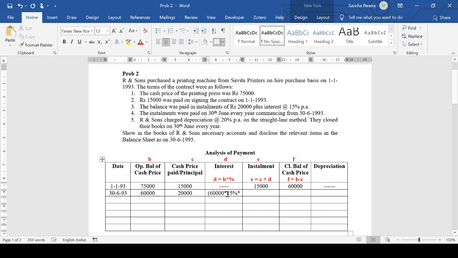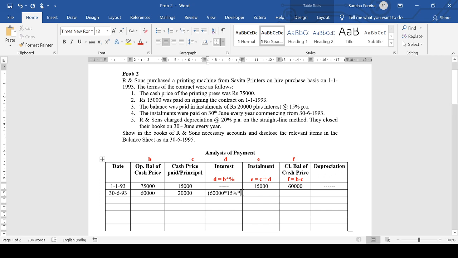What else will be there is, since it's 30th June, it's not for the full year. We have to multiply it by the period accordingly. That means you are paying this interest only for 6 months because we have used the printing press only for 6 months till now. If we don't put it as 6 months, we will be showing the interest for a full year, which would be wrong.